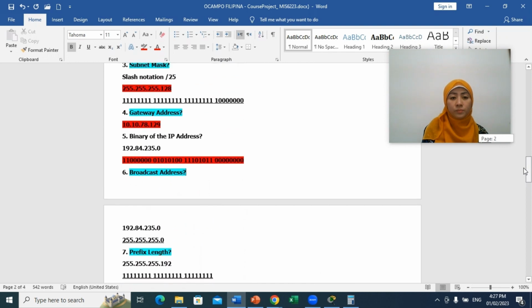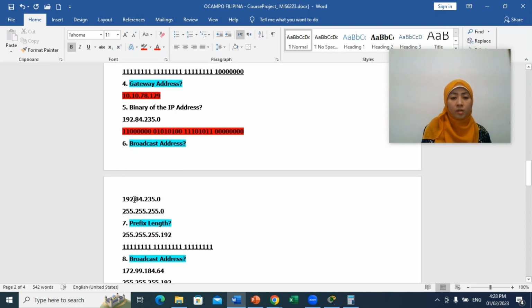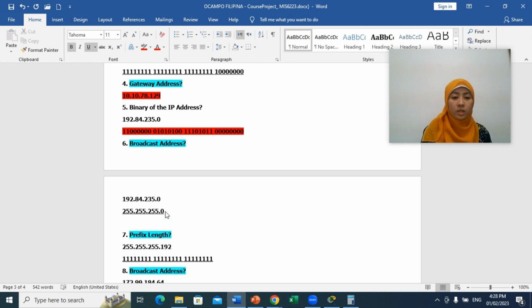So here, I have the network address and the subnet mask, rather. So here, the rule is the equivalent of 255 will be the same as the IP address.